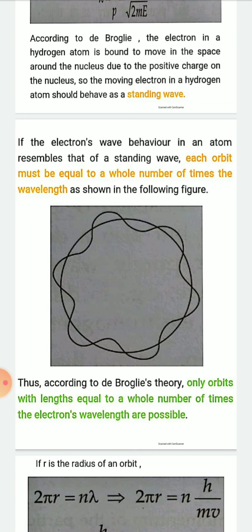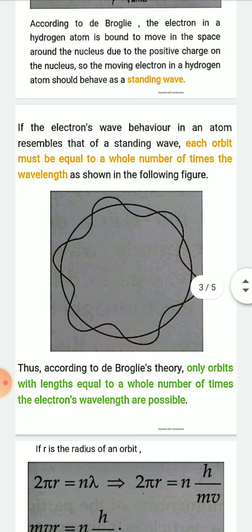Wavelength means the distance between two similar points in a wave, that is, the distance between two troughs or crests. You have already studied this in class 10 physics.